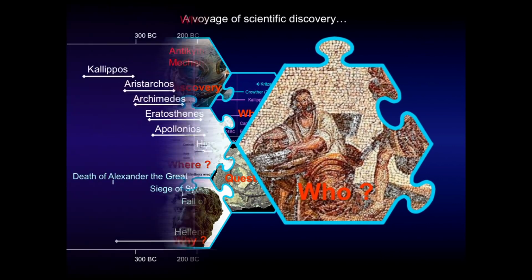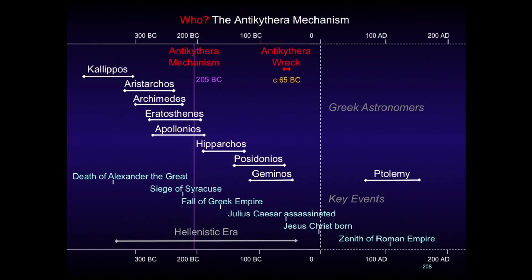And I'm going to put up another timeline there with some famous scientists and astronomers listed with their dates there. Some events you may be familiar with there to just locate you in the history. This is all happening in the Hellenistic era. And this date really puts these astronomers, scientists into the frame.